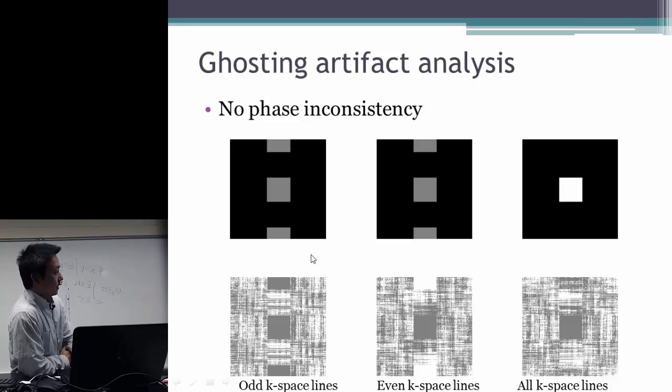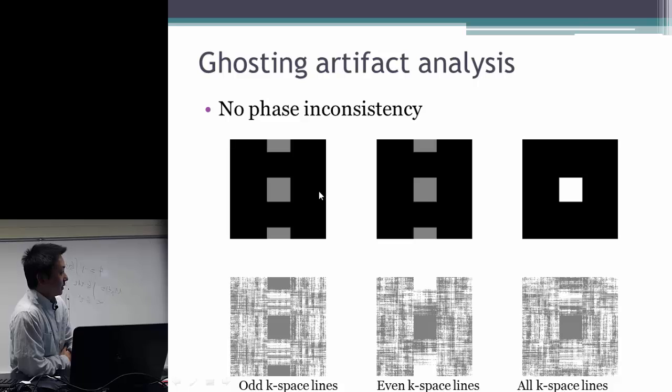If we simply extract its odd K-space lines and even K-space lines, and then directly do a Fourier transform, we can obtain an aliased image, because we now have half of the effective FOV, right?